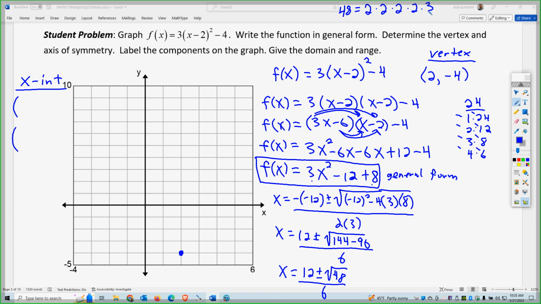So I have two pairs of 2's I can take out essentially. So what this is really is 12 plus or minus 4 root 3 over 6, right? So which cancels a common factor of 2. So 2 and two twos come out, make a 4, by the way. Okay, so common factor of 2.